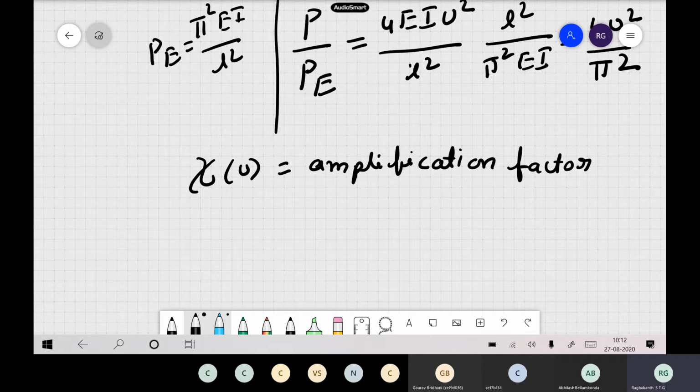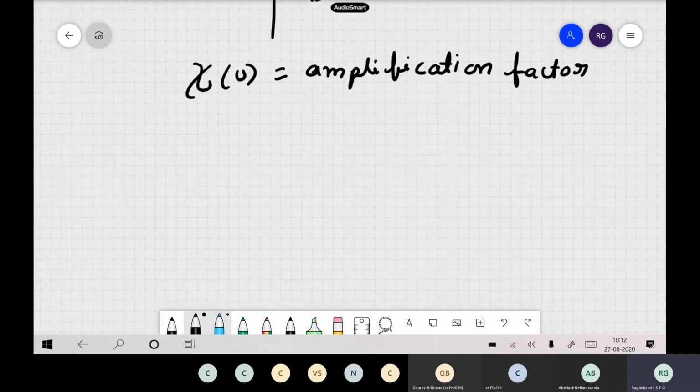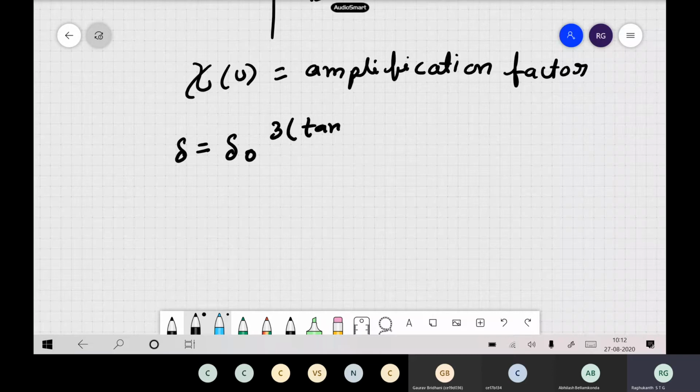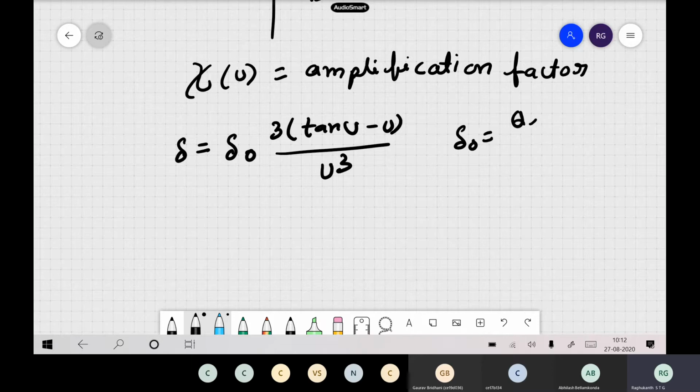If you expand that quantity, your delta, the deflection at L by 2, is delta naught times 3 into tan u minus u by u cube, where delta naught is WL cube by 48 EI.